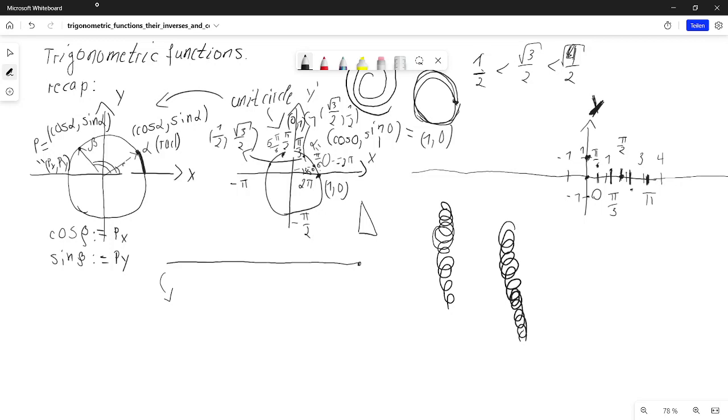Now we have pi here, and here we have that coordinate. You see it just goes symmetric. That's 5 pi 6, and that's 6 pi 6, so pi, and by pi we have just minus 1, because the coordinate is just minus 1, 0.